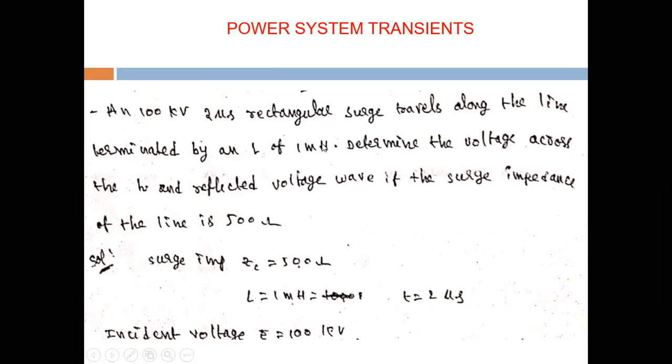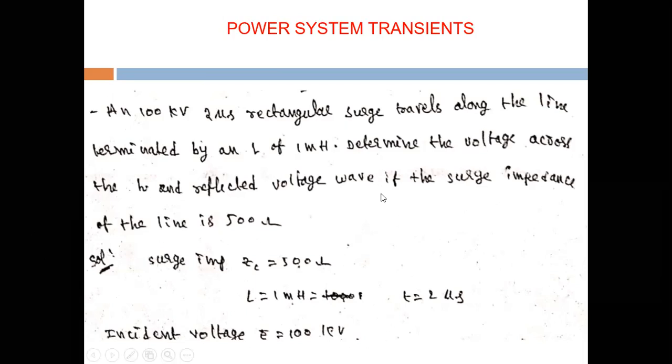Determine the voltage across the inductance and also the reflected voltage wave, if the surge impedance of the line is 500 ohms.